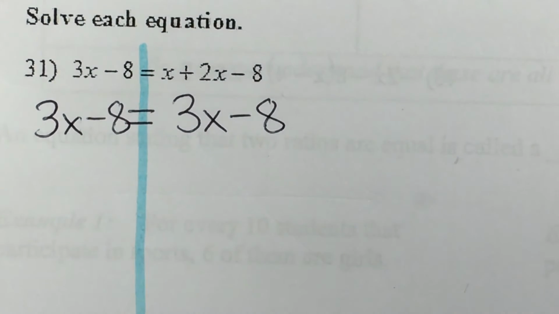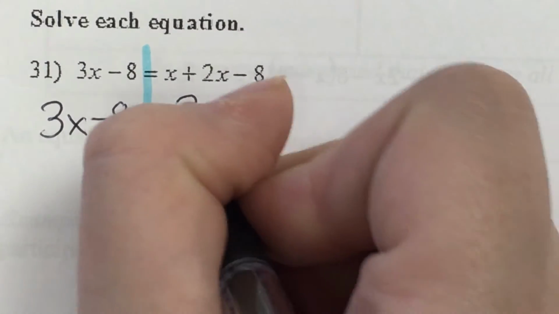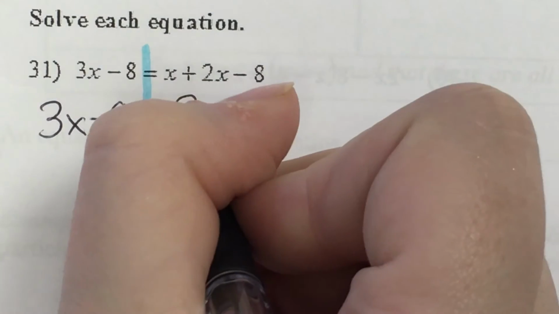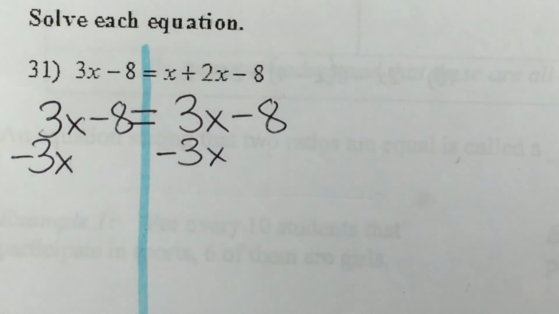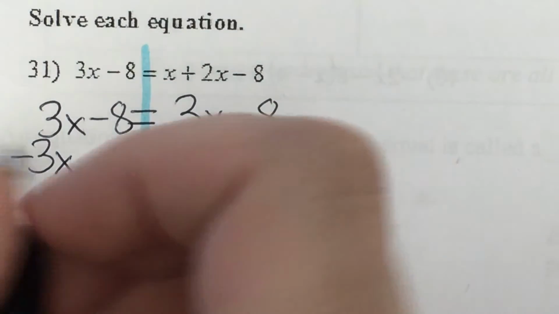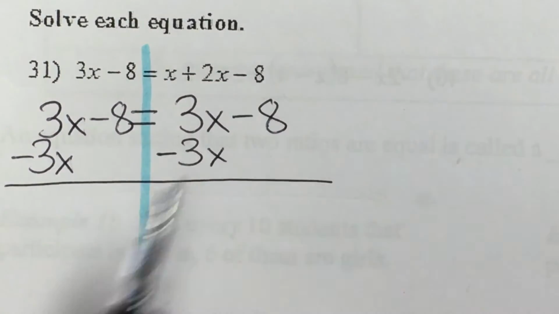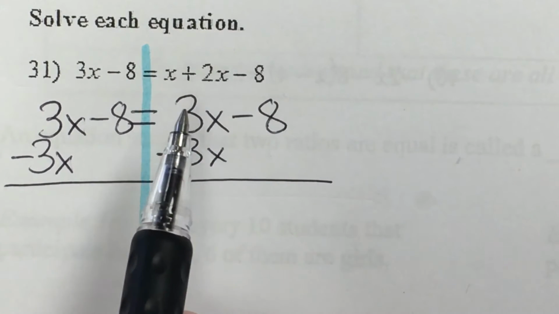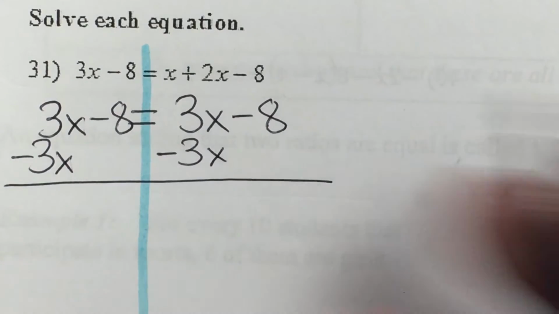Now I just need to go ahead and solve. I've got 3x minus 8 equals 3x minus 8. I'm going to move my x's to the left side, so I'm going to subtract 3x from this side, and look what happens. It cancels here: 3x minus 3x. 3 tables and take away 3 tables, you have no tables left.